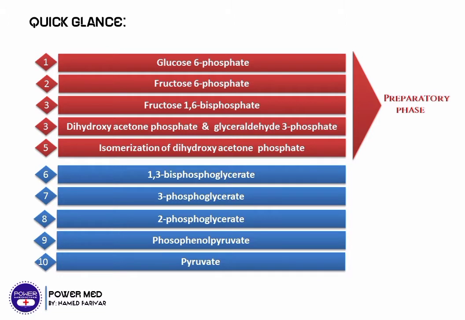Finally, in the last reaction of this series, pyruvate is generated from phosphoenolpyruvate, giving off energy in the form of ATP as well. Likewise, the sum of these 5 reactions is called the payoff phase, during which energy is reaped in the form of ATP and NADH. So ATP is achieved in the 7th and 10th reactions of this series.